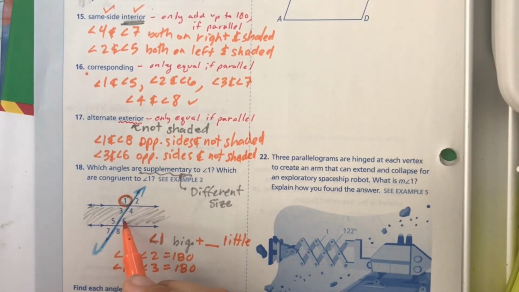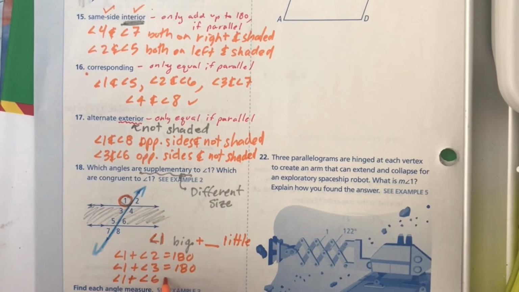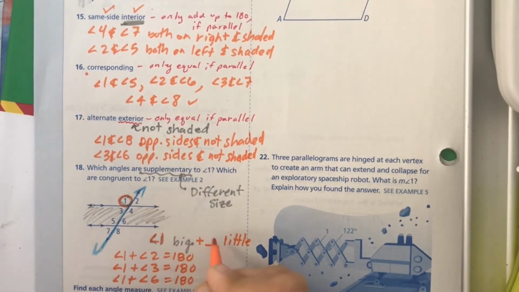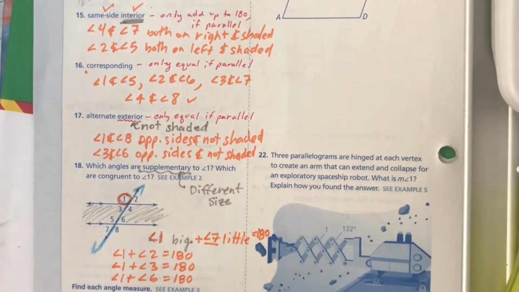That one's little. 6 and 7 are little. So 6 would add up to 180, and looks like 7 is little. So 1 is big and angle 7 is little. So those should add up to 180.